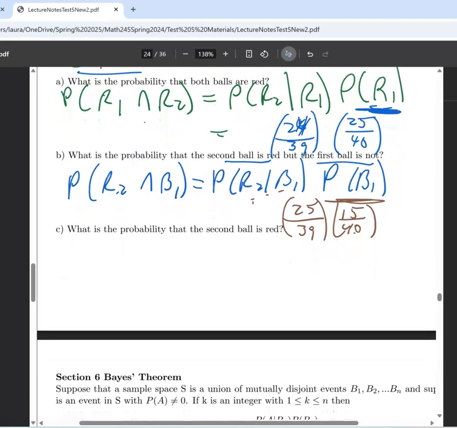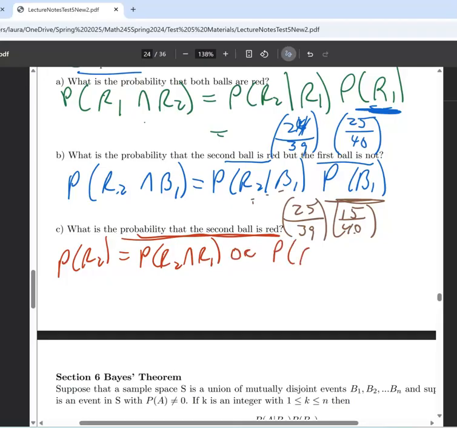All right, this one's kind of tricky. Probability the second ball is red. Okay, so that means probability second ball is red. I have choices. That means or, right? So I have the probability that the second ball is red and the first ball is red, or, which means plus, the second ball is red and the first ball is blue.